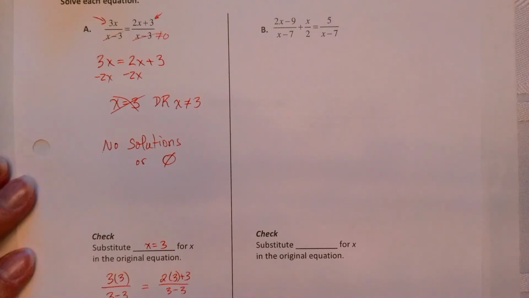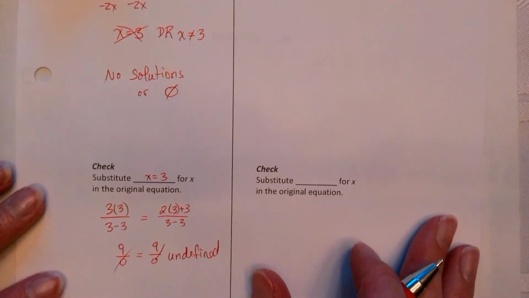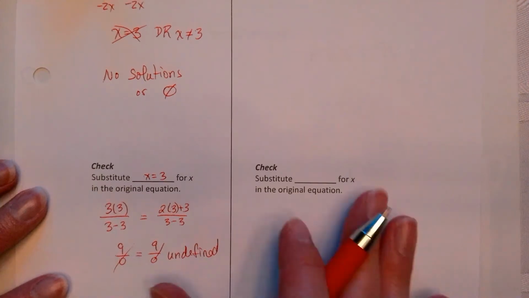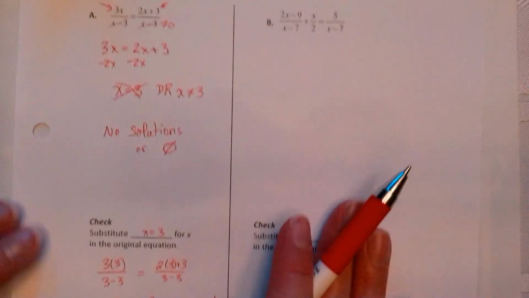Okay, well I can't divide by 0, that is undefined. So that's why 3 cannot work. Really sorry about that. So if I plug these in, I do get an equivalent statement, but I can't have something divided by 0. It's undefined. So that domain restriction let us know that we had an extraneous solution.